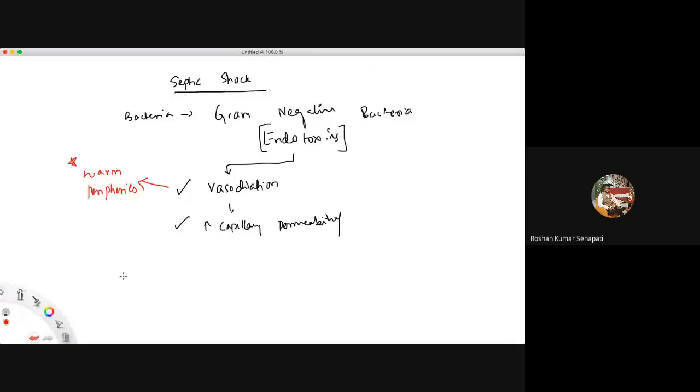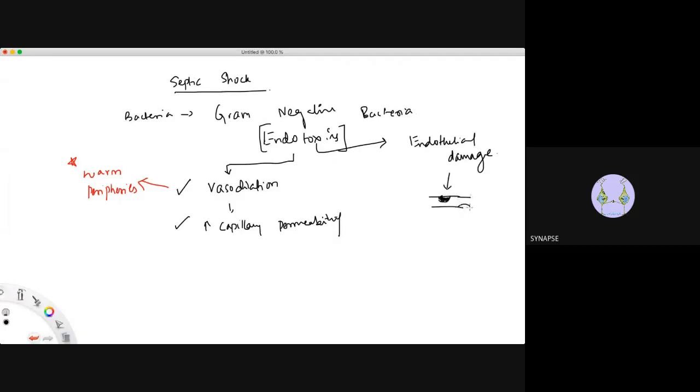Next, this endotoxin is going to cause damage to the vascular endothelium, and further increase the vasodilation and the capillary permeability. Endothelial damage will cause platelets and other cells to stick onto the wall.